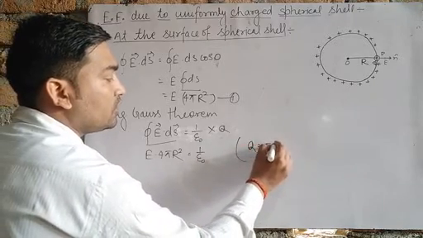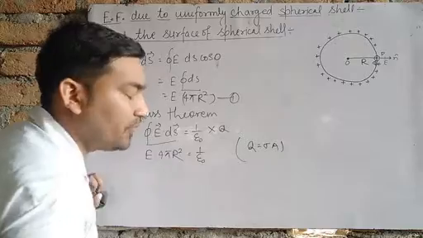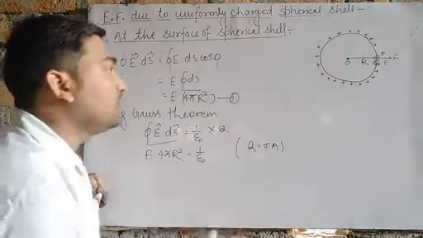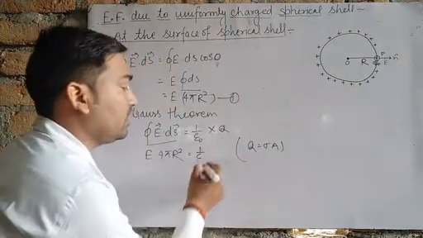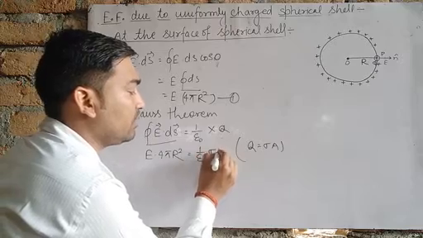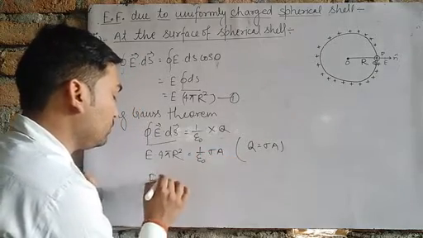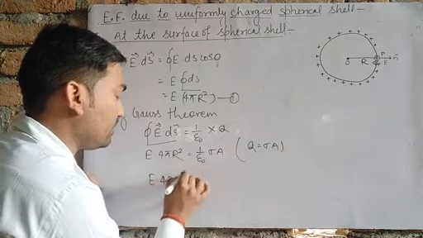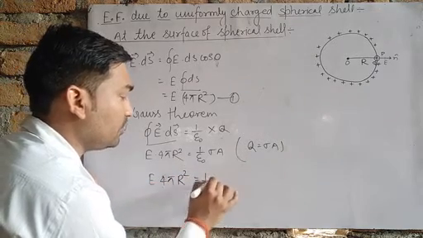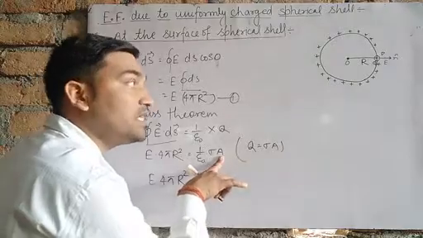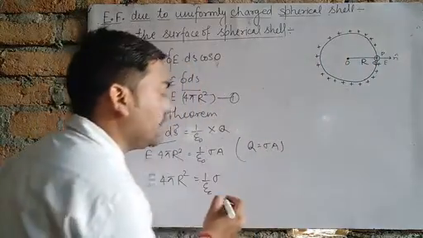Q is equal to sigma into A, where A is the surface area of this spherical cell. Then this is sigma into A. So E into 4 pi r square equals 1 upon epsilon naught times sigma times the surface area of the charged spherical cell.